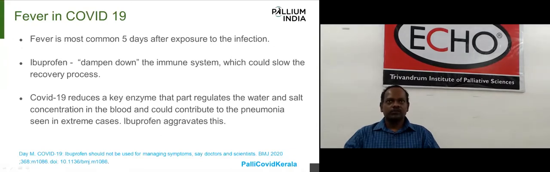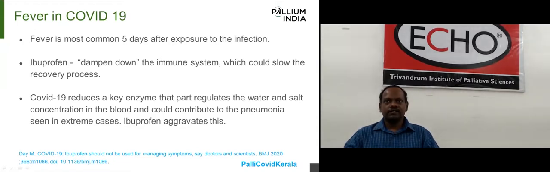We will move on to fever in COVID-19. So fever is the most common symptom in COVID-19, and it usually occurs 5 days after exposure to the infection. And there are some controversies regarding the use of NSAIDs for treating fever in COVID-19. NSAIDs like ibuprofen can dampen down the immune system, and this can lead to slowing of the recovery process.